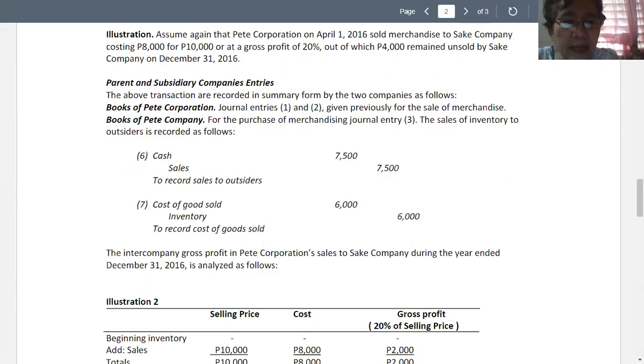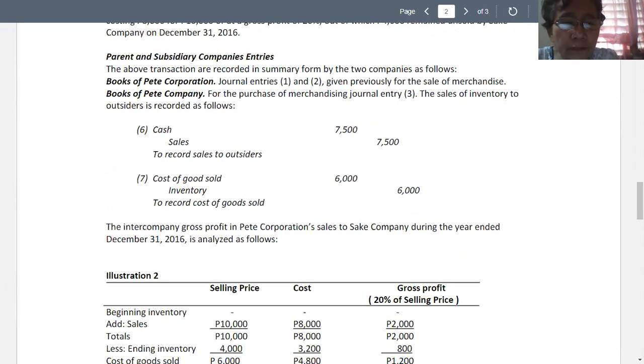When we have this selling price in the books of Pitt originally, it was 10,000, the ending inventory 4,000. So the cost of goods sold is 6,000. Now the cost of the 10,000 originally was 8,000.